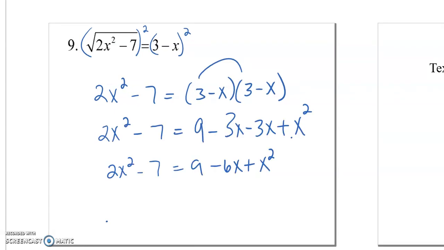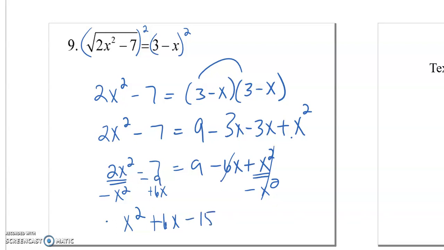Here, at least where you got 9 minus 6x, if the x squared here is larger than this x, then I'm going to move everything over. So I'm going to get x squared, I'm going to add the 6x over, and then I'm going to subtract the 9, which gives me 15.